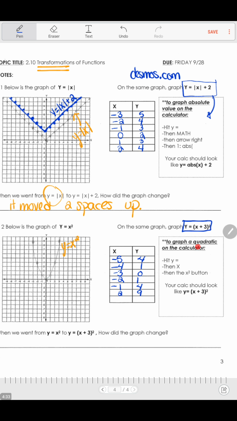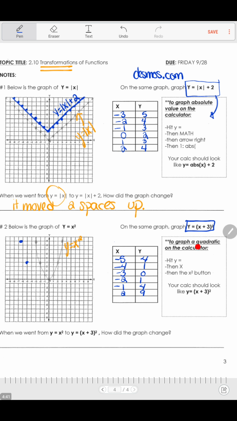Okay, so negative 5, 4. I actually think I also could have graphed this point, which was negative 6, 9. Negative 4, 1.